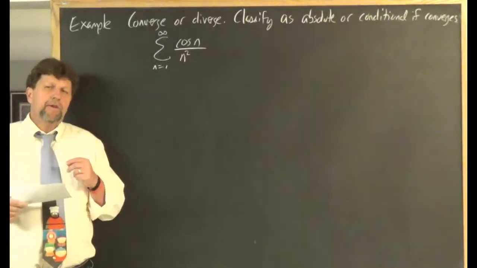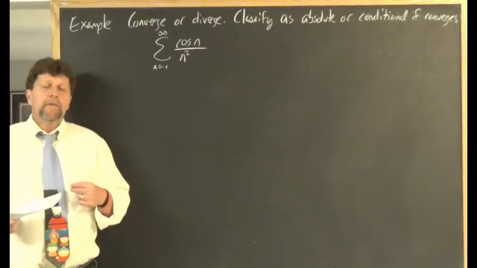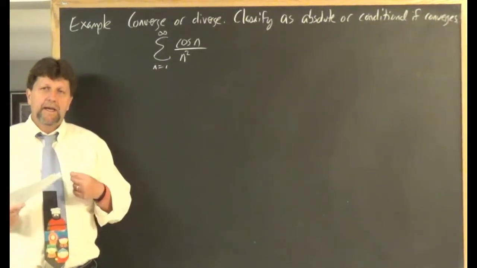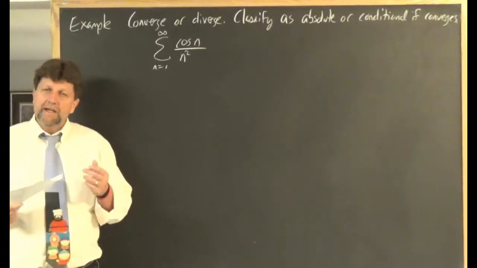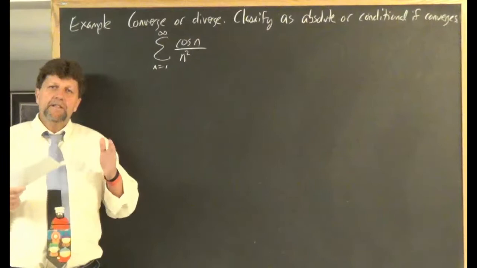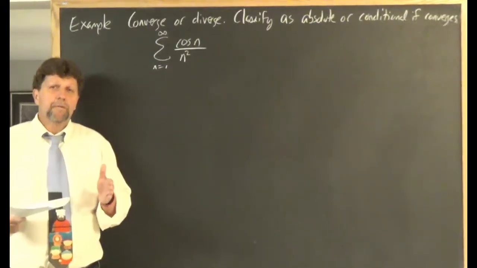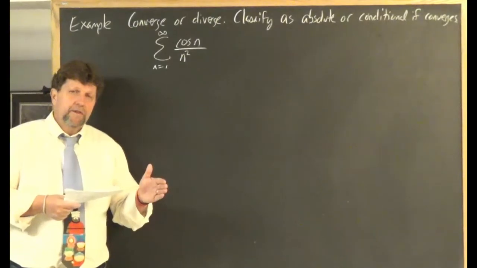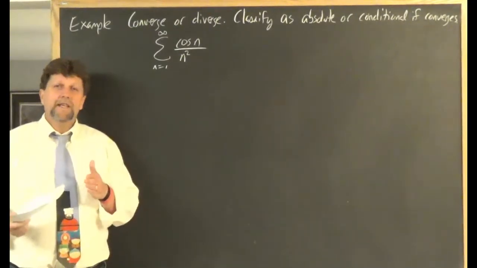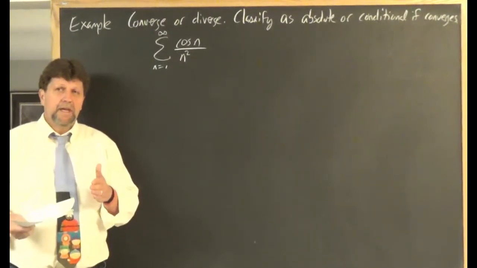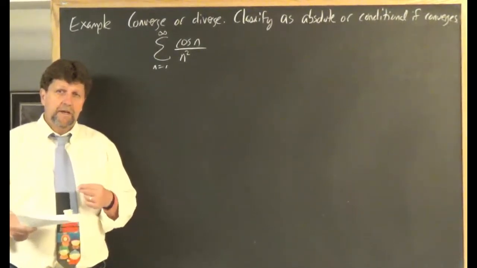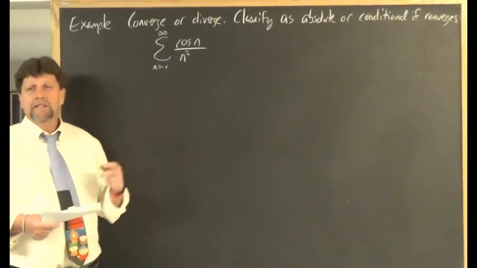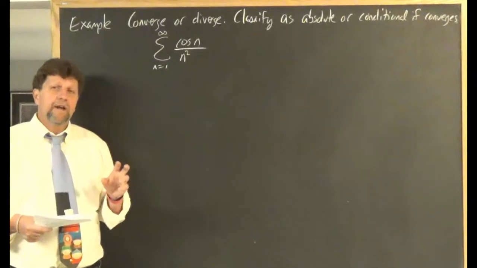All right, folks, now we've learned about absolute convergence and conditional convergence. One thing to keep in mind is that if you look at the series of absolute values of each term and that series converges, then the series as it was given to you also converges. That was the absolute convergence theorem. So here you were given a series and you're asked, does it converge or diverge?